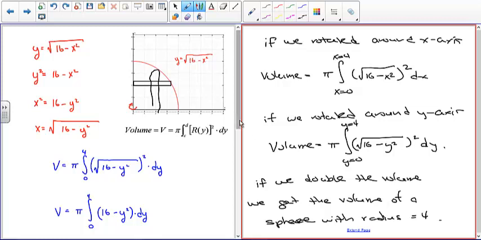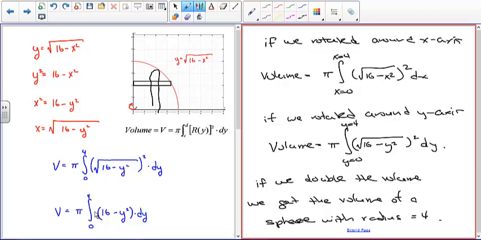Well, let's go ahead and calculate it. Why don't you go ahead and integrate this thing? Give you a little practice here. Go ahead and integrate this one, which is pi times the integral from 0 to 4 of 16 minus y squared quantity dy. You'll integrate this, and you'll integrate this. You'll evaluate it at the upper limit, subtract at the lower limit. We're going to get a number.